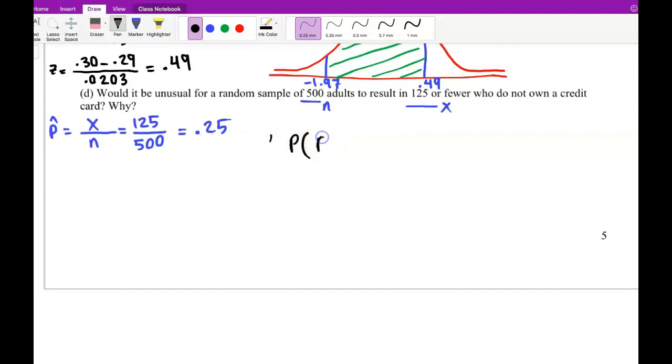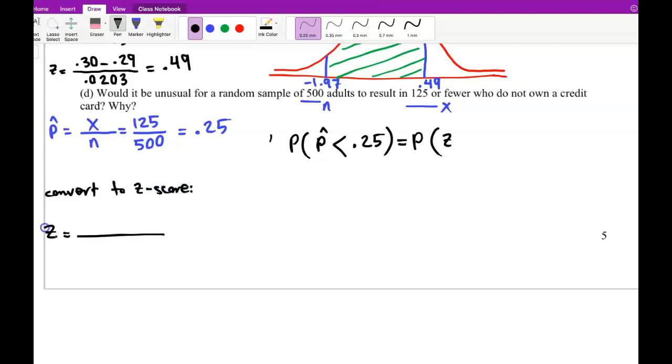Probability when p hat is fewer than 0.25, so we have less than. Then convert to z-score. Okay. So z is, p hat is 25%, minus p, 0.29, divided by, from the previous part, the standard deviation, 0.0203.